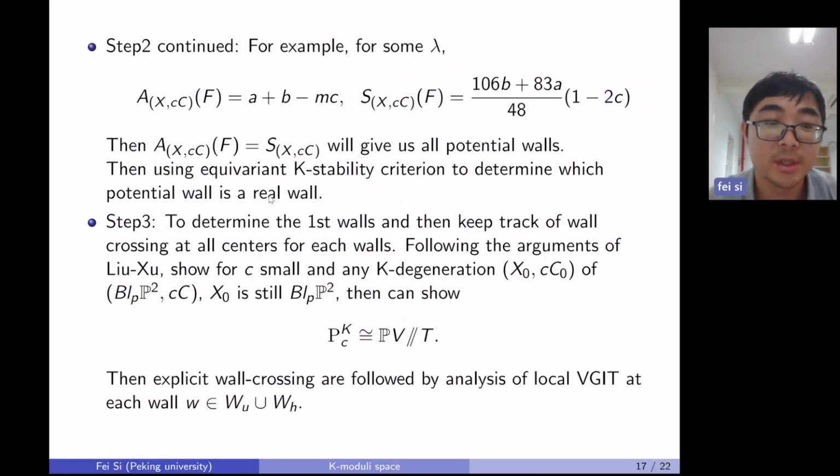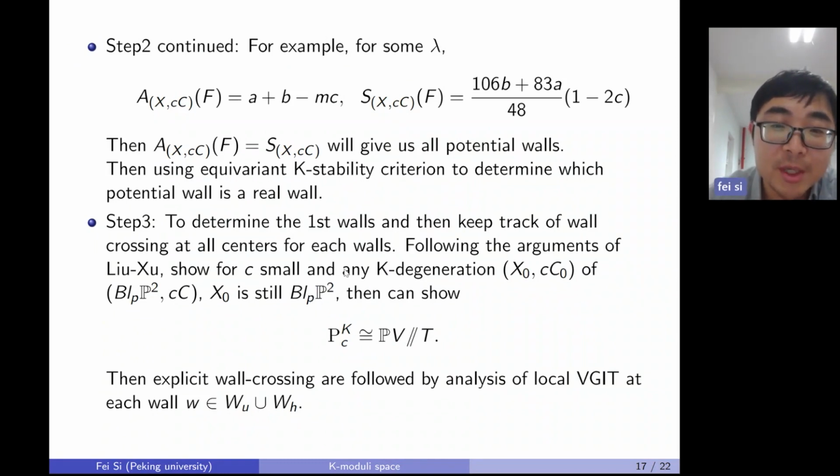The last step is to run wall crossings. The first step is you need to determine the first wall. Actually, to determine the first wall, we need to show that for c small, the only possibility of degeneration is P2 blown up at 1 point.